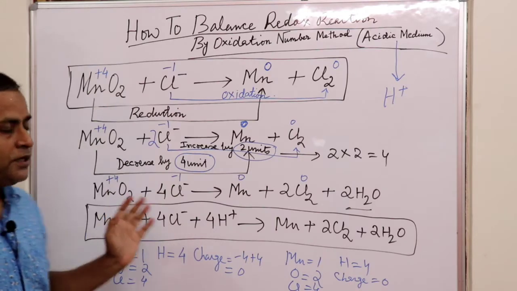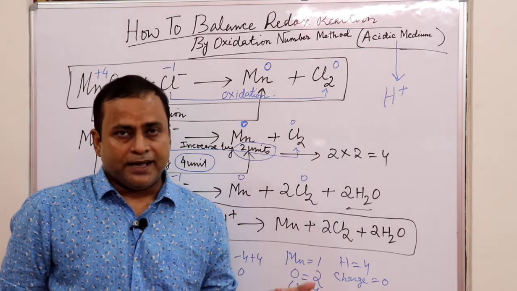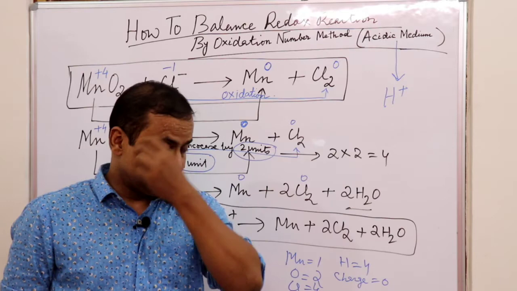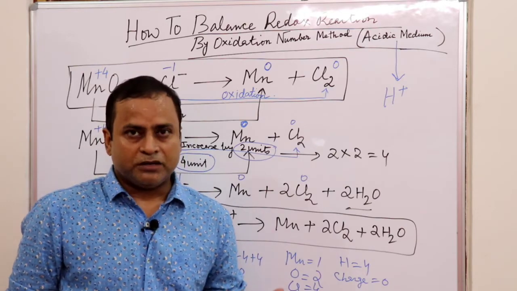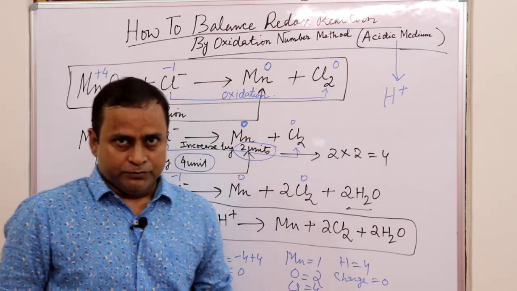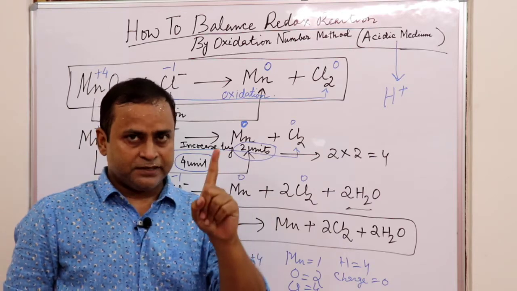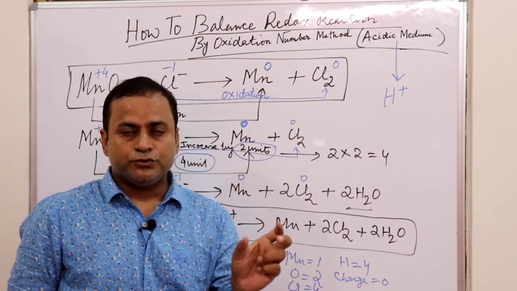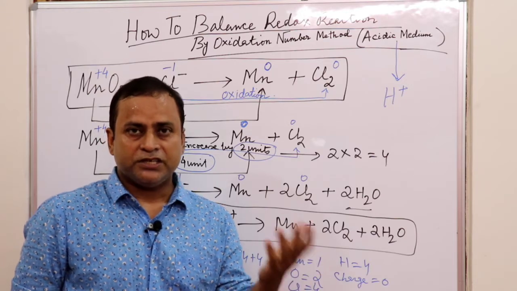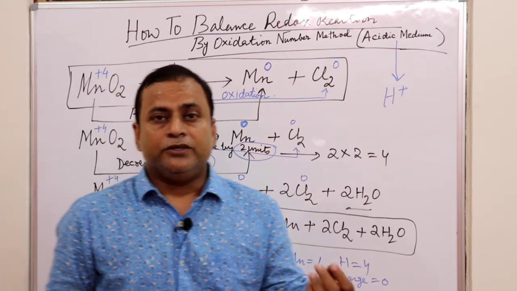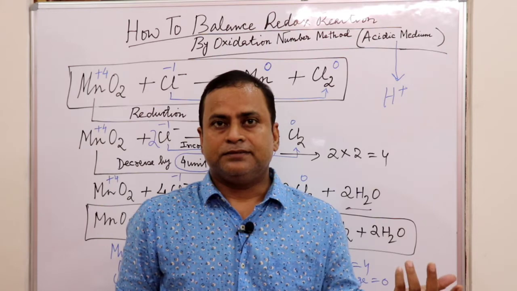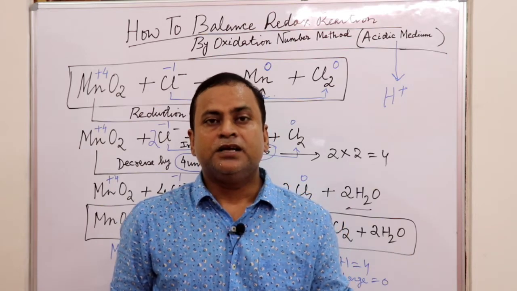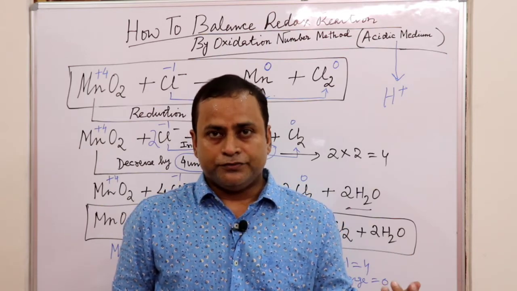So in this way you balance a redox reaction by the oxidation number method in acidic medium. What are the steps? First step, find out the oxidation numbers. Second step, find out which species is undergoing oxidation and reduction. Then equalize the change in oxidation number by multiplying with suitable coefficients.